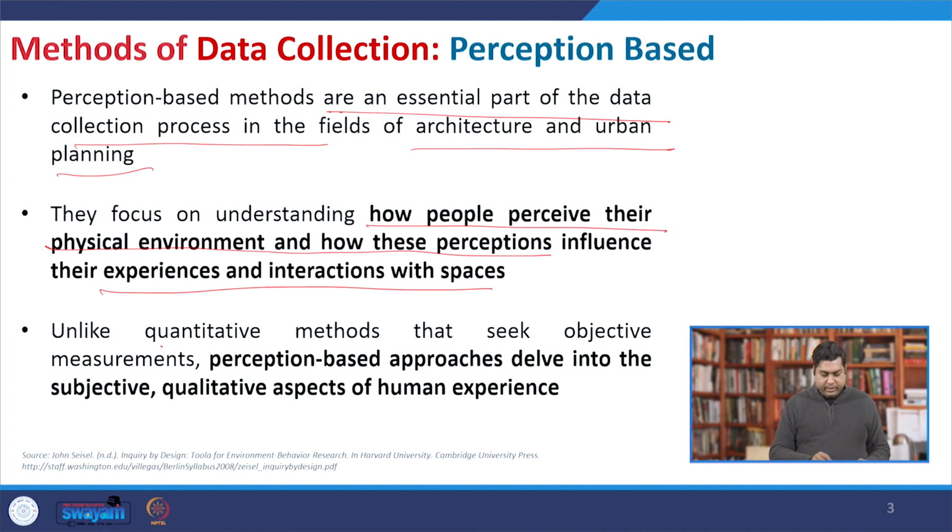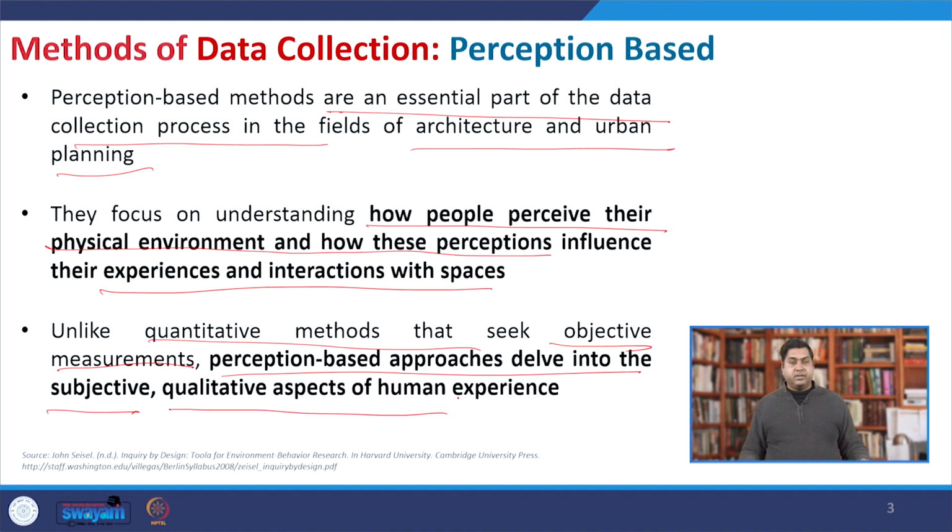Unlike quantitative methods, which normally seek objective measurement that you can quantify, perception based approaches normally delve into the subjective and qualitative aspects of human experience. In this case, mostly we try to get information in a qualitative manner, but we can also do the perception survey with some quantification, depending on how we ask the question.